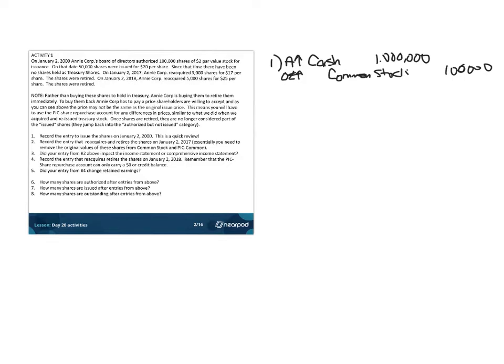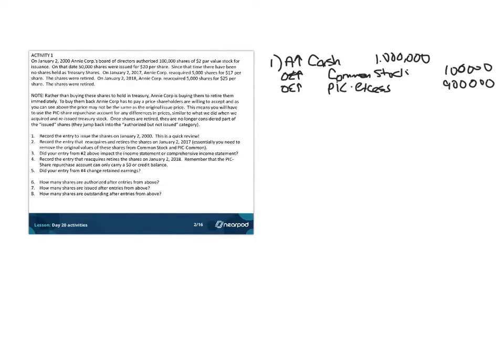And then the paid in capital excess for the difference. And the difference here is 900,000. Make that journal entry balance.